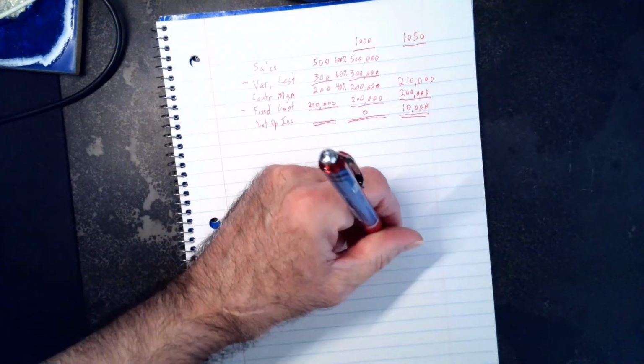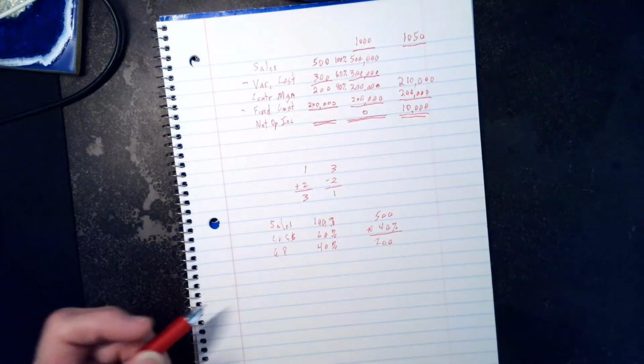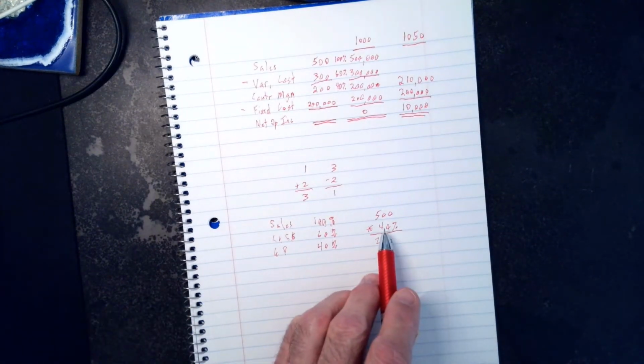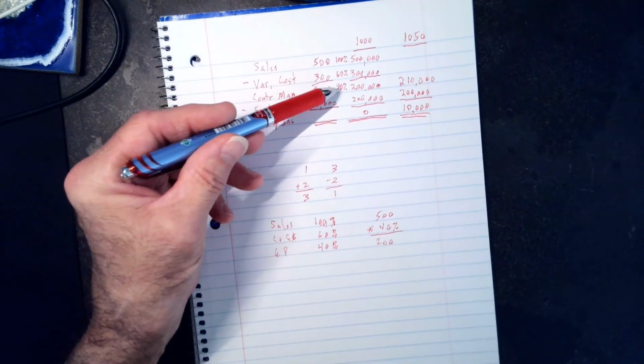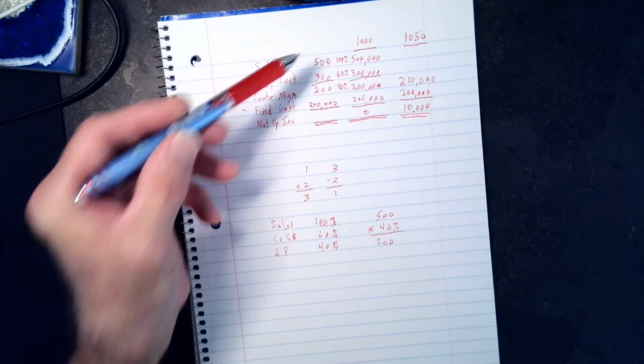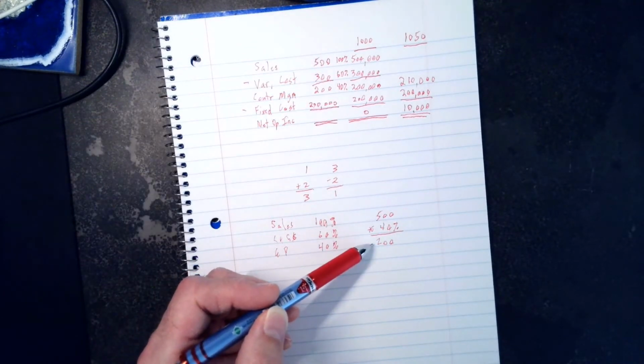Okay? That is my contribution margin at a 40% contribution margin ratio. So if my contribution margin is 40% of sales, then that's the same thing as saying sales times 40% is equal to my contribution margin.